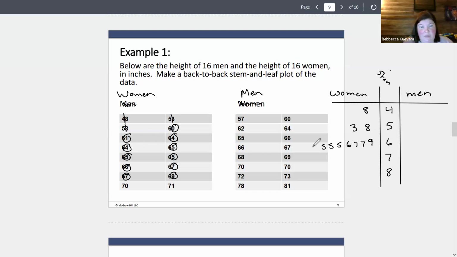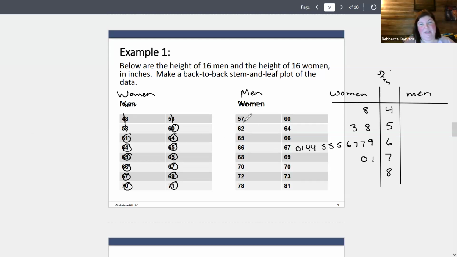Okay. 5. So we get a 4 here, a 4 here, a 1, and a 0. So that's a really big, there's a lot of leaves on that stem. 1, 2, 3, 4, 5, 6, 7, 8, 9. Okay, make sure I didn't miss something there. And then for the 70s, we have a 0 and a 1. So we don't have any women who are 80 inches.